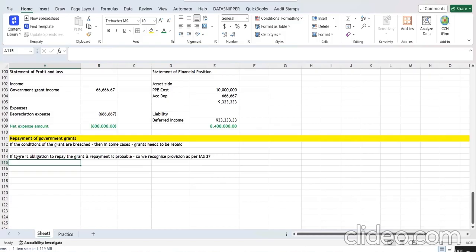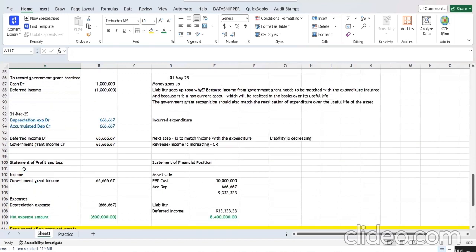Okay? So now, if repayment is for a revenue grant and if repayment is for a capital grant. So there are two different ways. If it is for income based grants like a revenue grant, then there are two options.